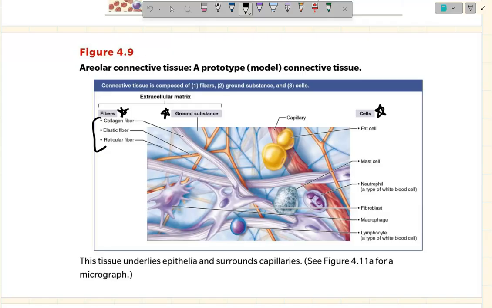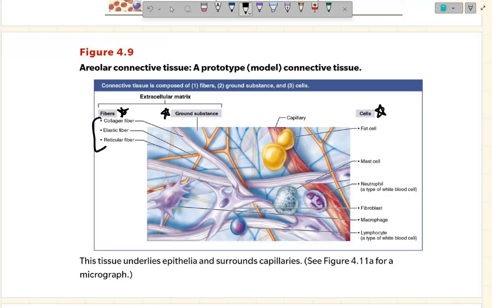Areolar, on the other hand, is kind of the prototype for connective tissue because it has like a little bit of everything. It has some fat cells, it has some immune cells over here, it has all the types of fibers. So it doesn't have anything in any particular abundance, but it has a lot of everything.